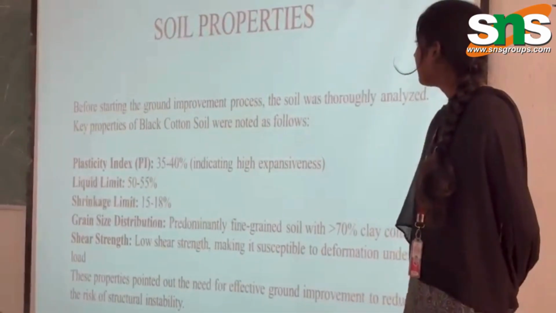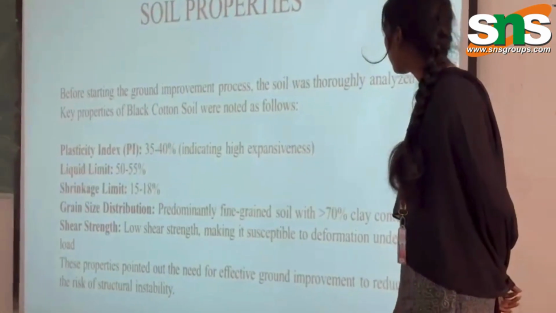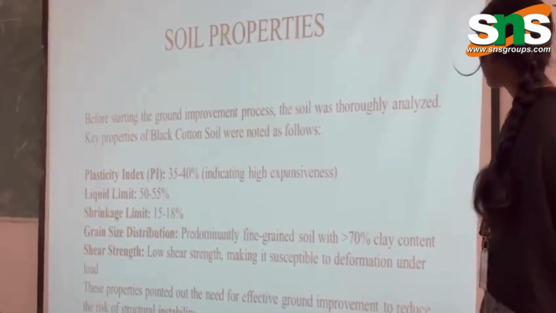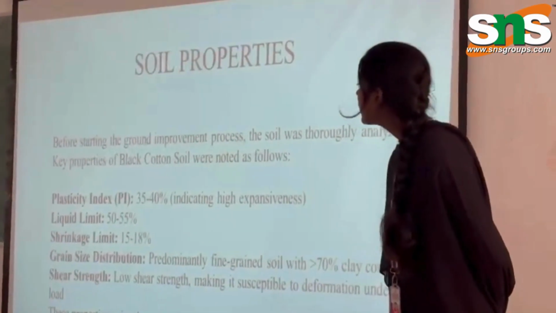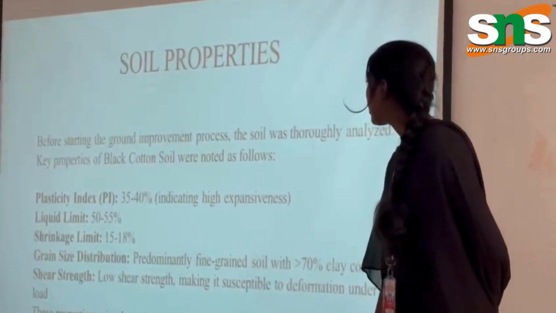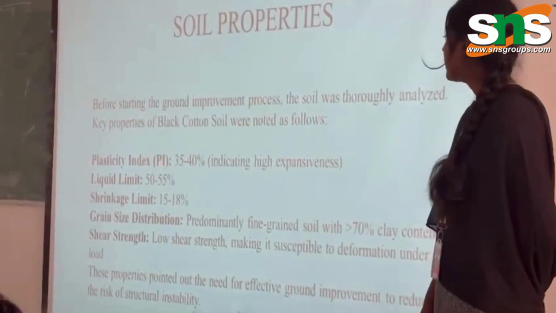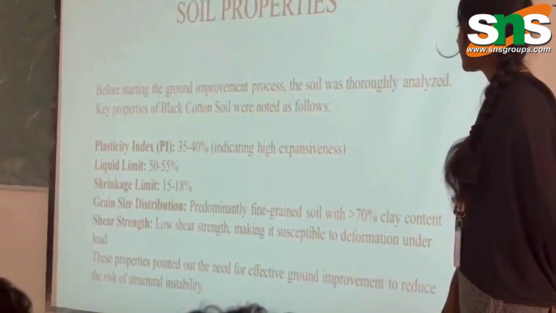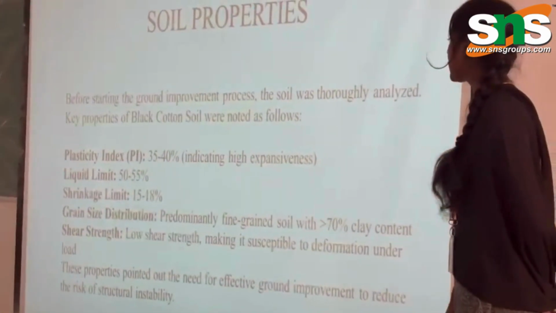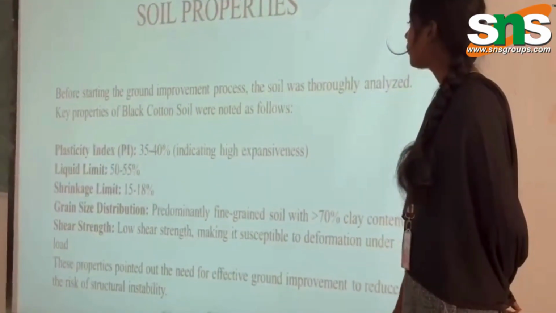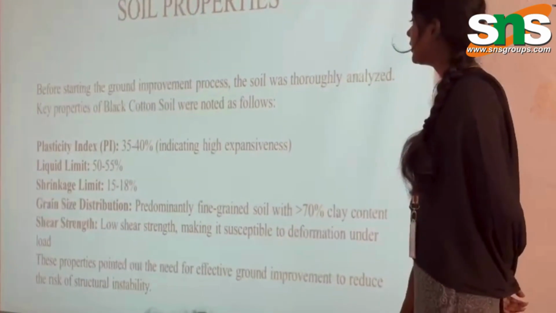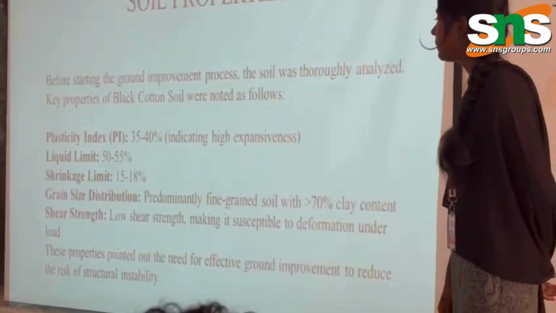Soil properties. Before starting the ground improvement process, the soil was thoroughly analyzed. The key properties of black cotton soil were noted as follows. The plasticity index is 35 to 40%, indicating high expansiveness. Liquid limit 50 to 55%. Shrinkage limit 15 to 18%.